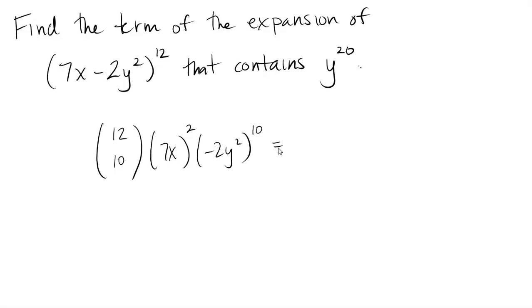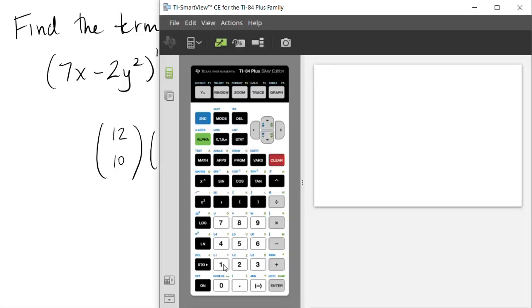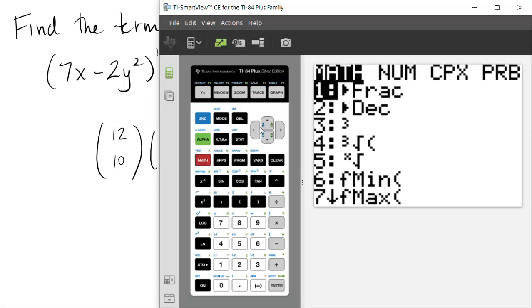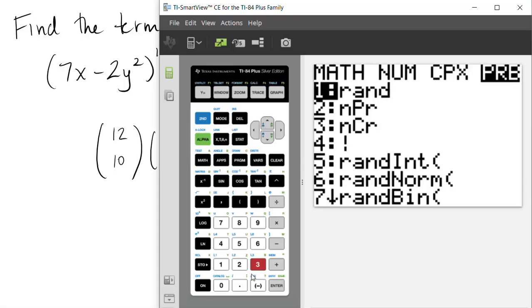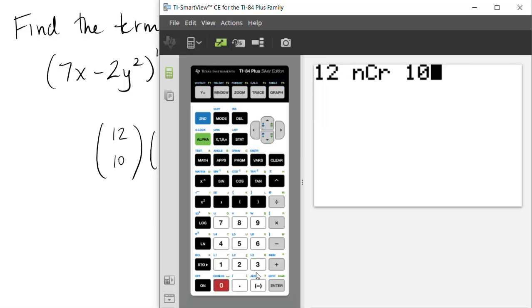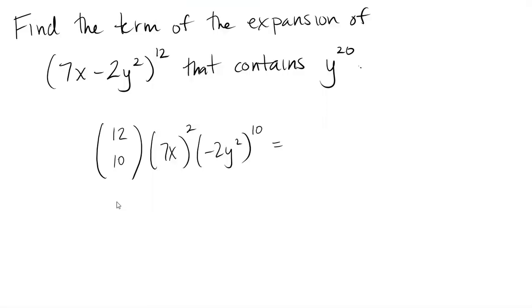And now we just simplify. So we'll get 12 choose 10 from the calculator. I believe this is 66. Math, probability, 3, choose 10, 66. When you square 7x, you're squaring the 7 and the x, so this is 49x squared. Here we're raising negative 2 to the 10th power. I happen to know that one.